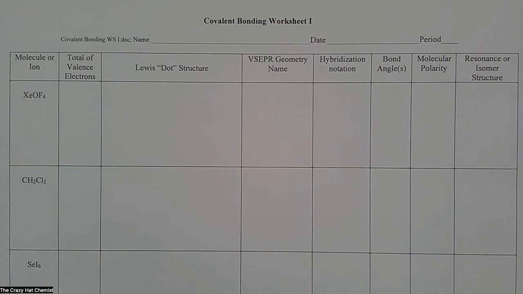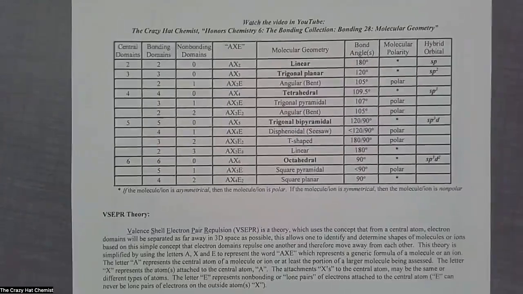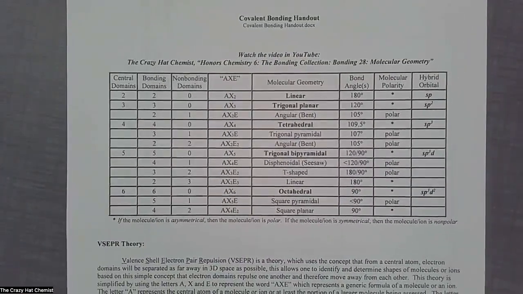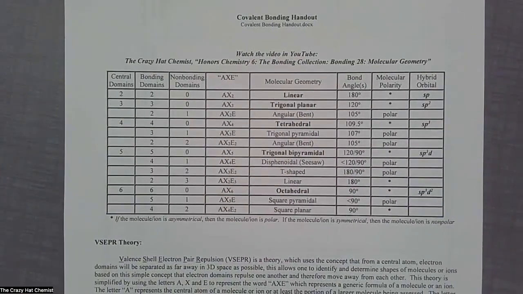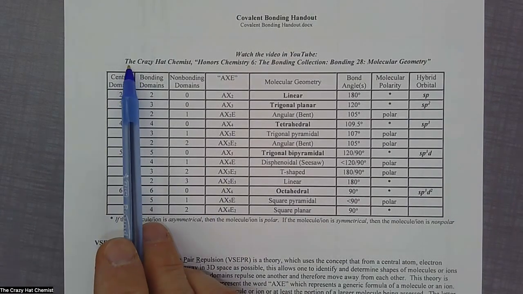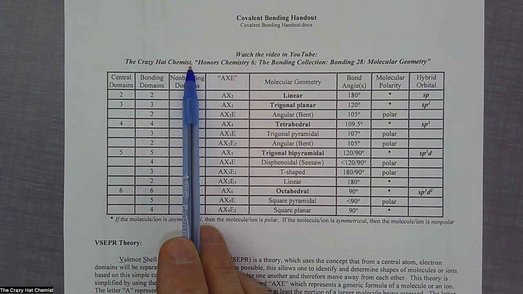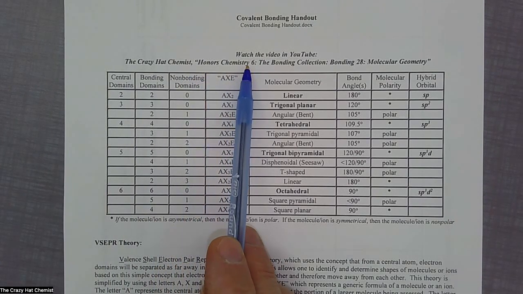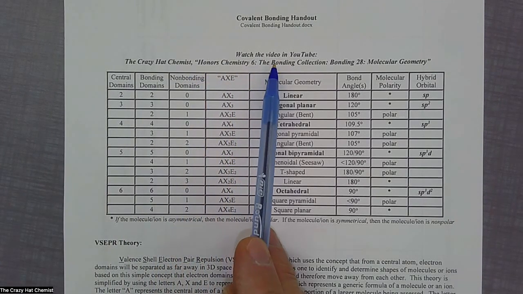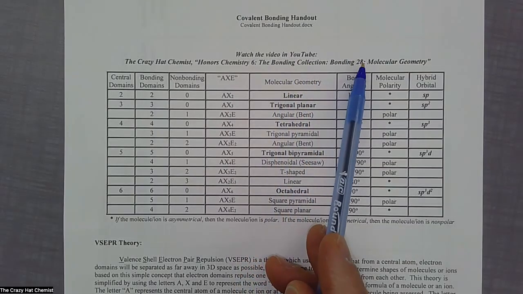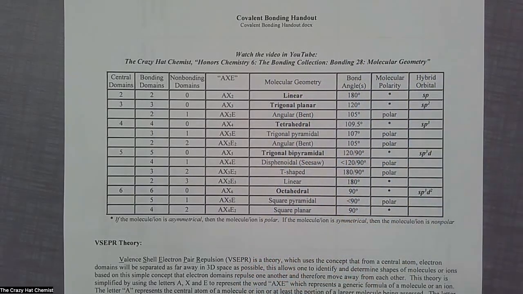In addition to that, there is other critical information you need to know before we actually move on to this worksheet. This is the covalent bonding handout that I have made. You're going to go to the video, The Crazy Hat Chemist on YouTube, and go to Honors Chemistry 6, the bonding collection, bonding 28 molecular geometry.